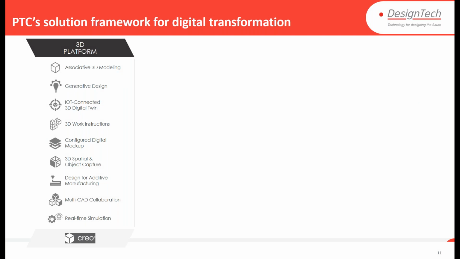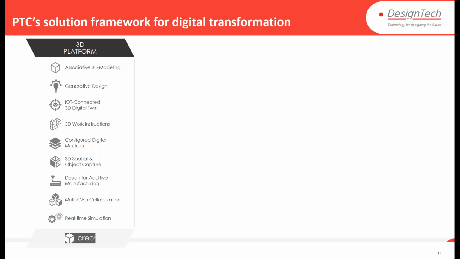Now, when you talk about the solution framework for digital transformation, they have four major verticals. One is Creo, which is basically parametric CAD solutions, which provide all kinds of solutions to do CAD designing.